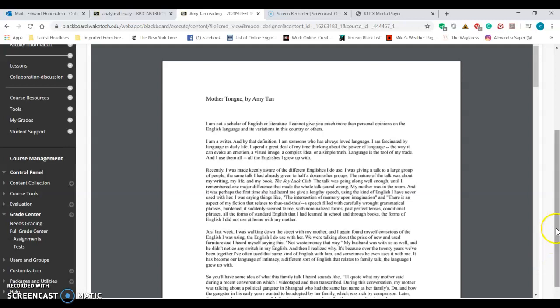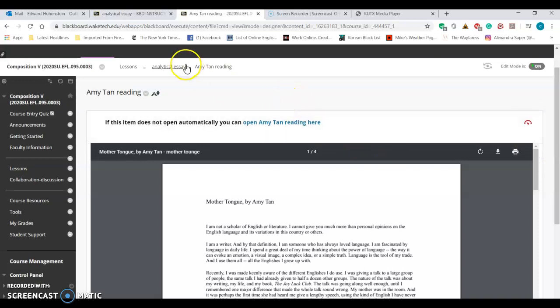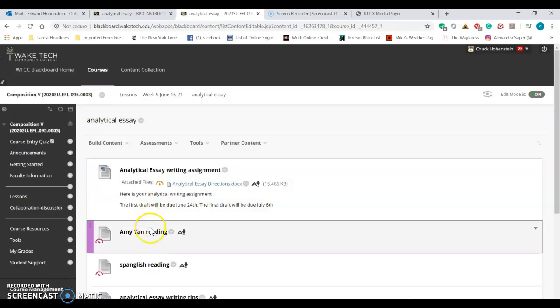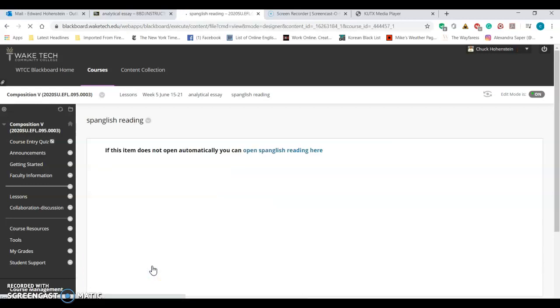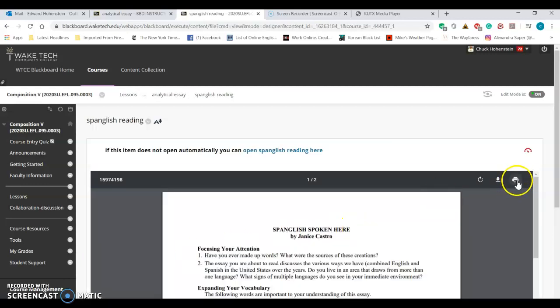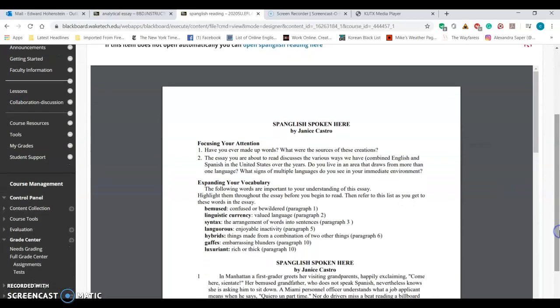The next one is a reading about Spanglish. Spanglish is the melding of Spanish and English.